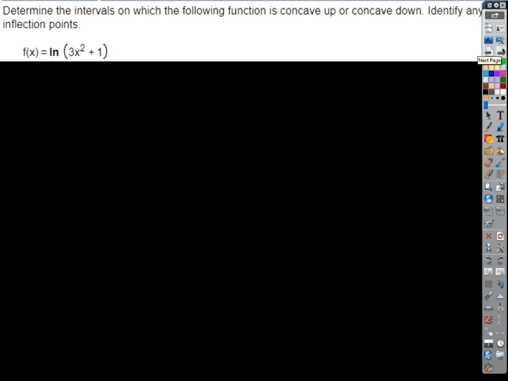So then in this case, what am I feeding the log function? Well, that stuff right there, right? Everything in the red bubble has to be positive. Agreed? Okay? So if we solve that, 3x squared plus 1 is greater than 0. When's that true? When x squared is greater than negative 1/3.